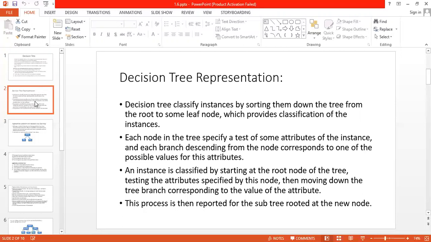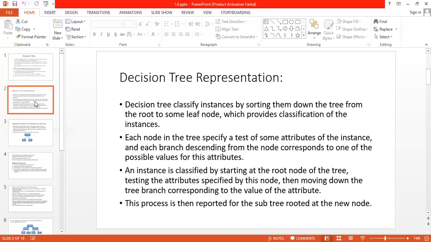If the person is employed and has a good credit score, that person will definitely get the loan. If the person is employed but has a low credit score, he might fail to get the loan. If the person is not employed, he is not able to get the loan. If the person is not employed but has a good credit score, he may be able to take the loan.